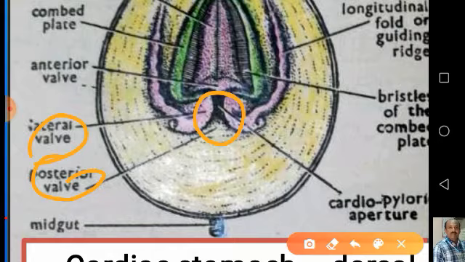And the bristles present on either side of the hastate plate and combed plate filter the food material. Only fine and liquefied food passes into the pyloric stomach.